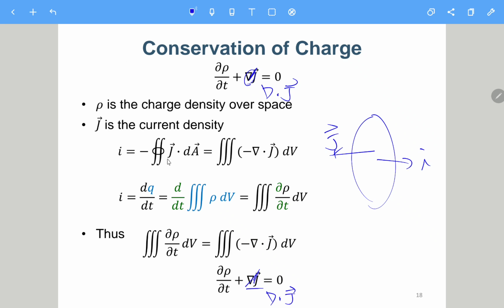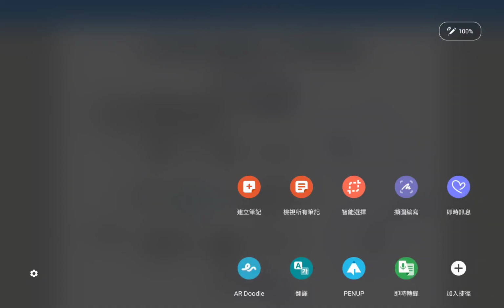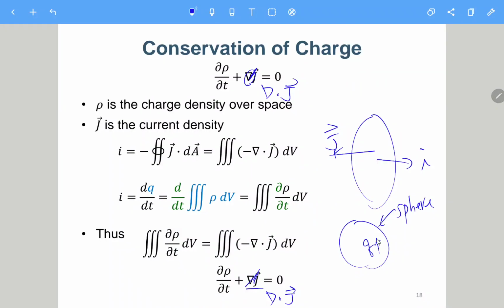So why should we have a negative sign here? Because we should consider a closed surface. Suppose this is a sphere, not a circle. If the charge amount increases, which means that Q becomes larger, this means that I should be pointing inside.